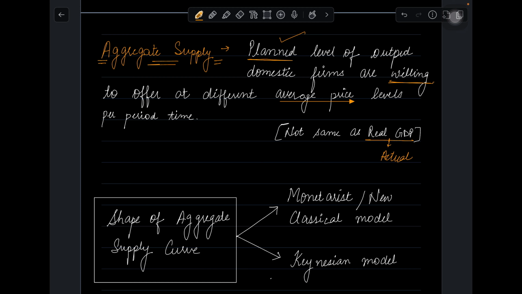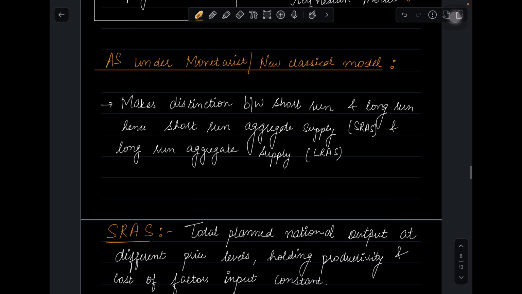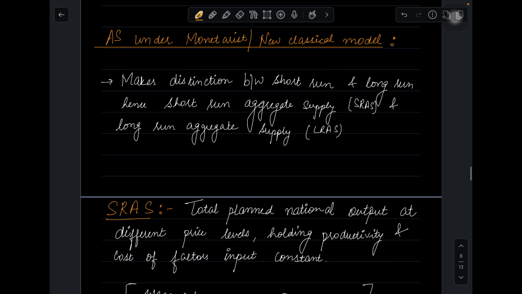Now, when we talk about the shape of aggregate supply curve, we have two views. One, Monetarist or new classical model, and second is Keynesian view. We are going to study aggregate supply from both these perspectives. First is aggregate supply under monetarist or new classical model.